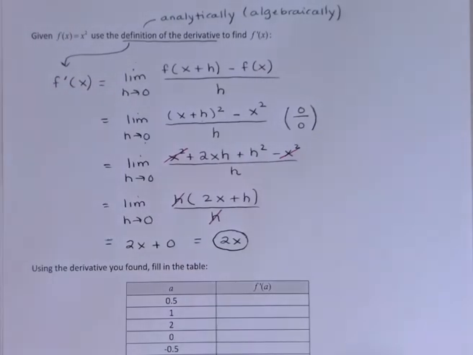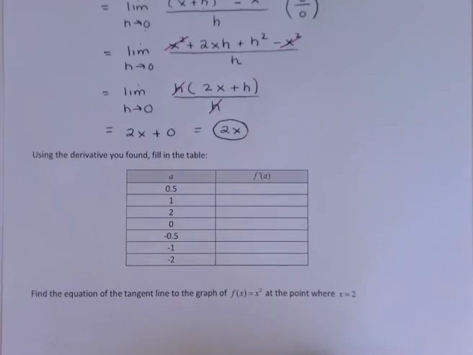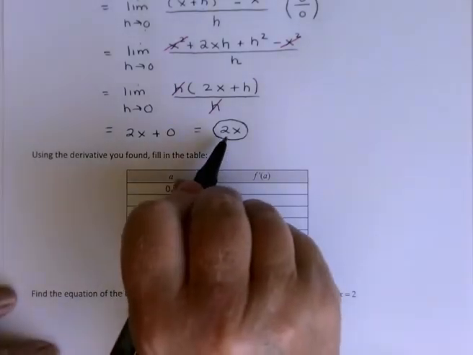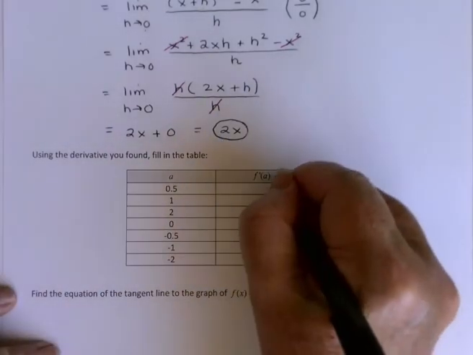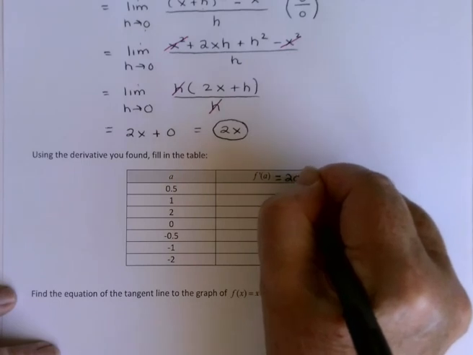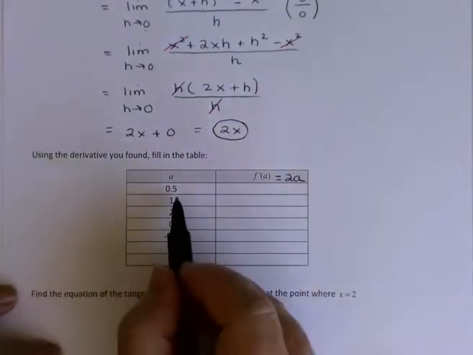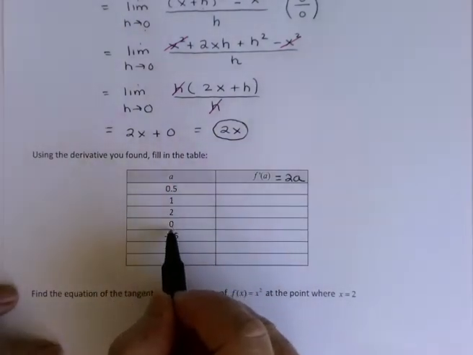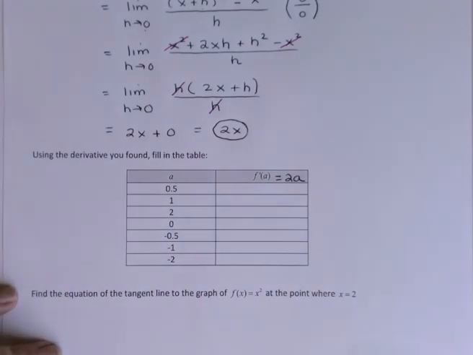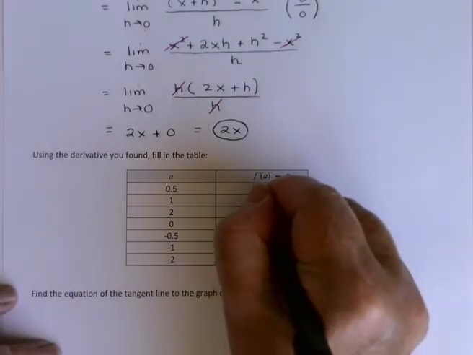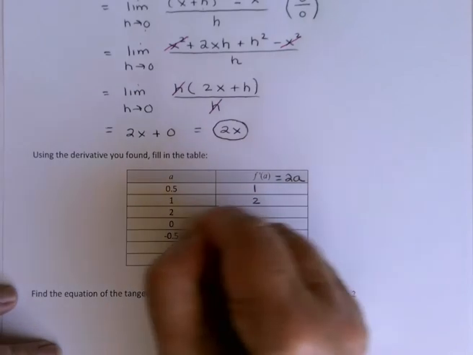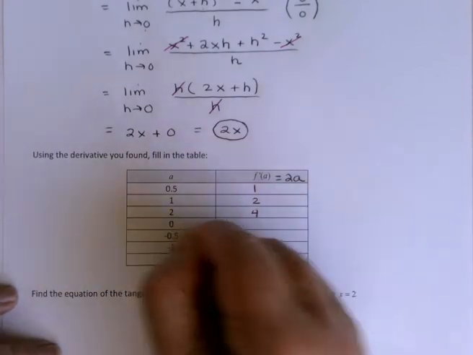And I can now use that formula to fill in the slopes, the f primes, the derivatives, for all of the a values. So if f prime of x is 2x, then f prime of a is going to be 2a. And literally I'm going to double all of these to get my slopes or my derivatives. So doubling would give me 1, 2, 4.